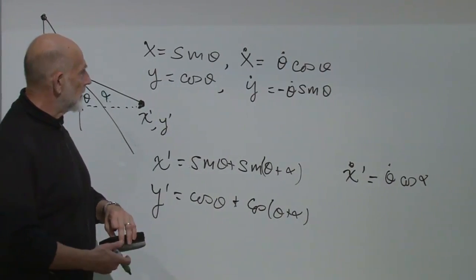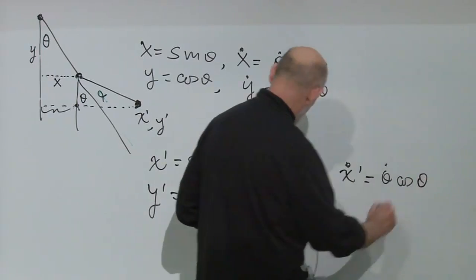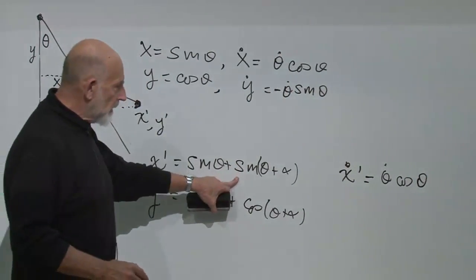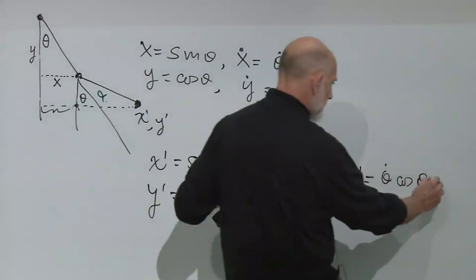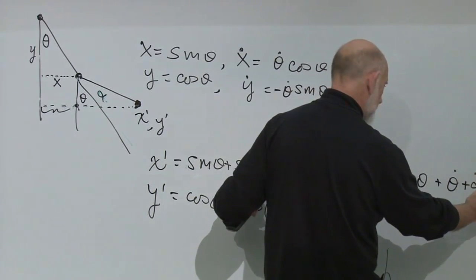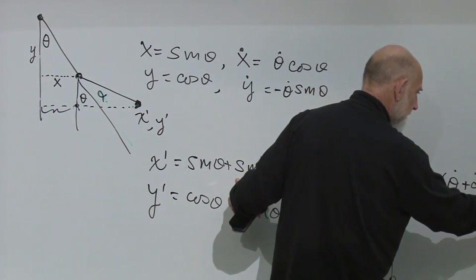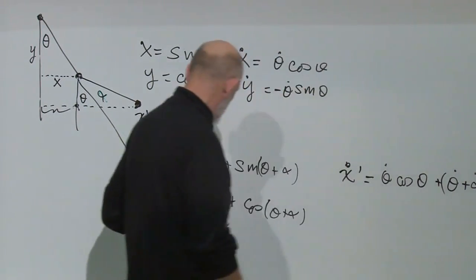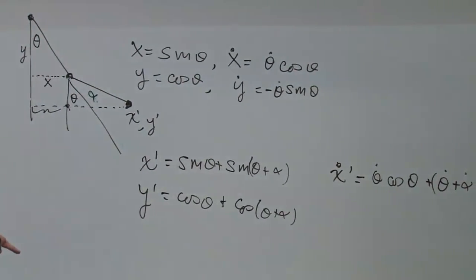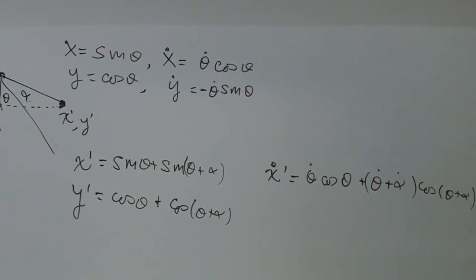Sorry, did I? Theta. Theta, thank you. Plus the time derivative of this, which is plus theta dot plus alpha dot times cosine of theta plus alpha. Derivative of sine is cosine, yeah, right.